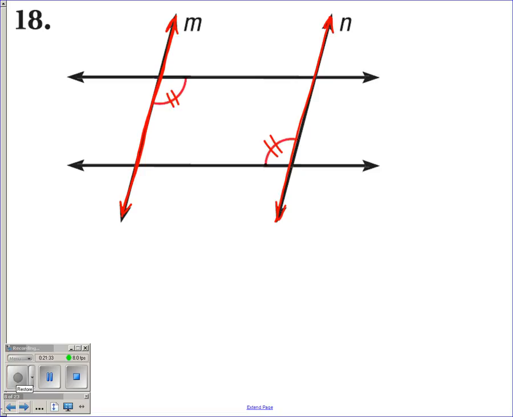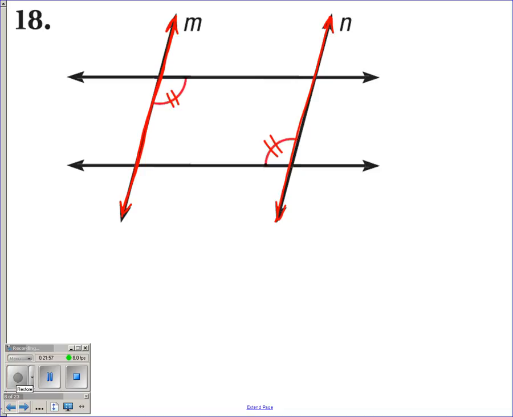Are they alternate interior angles? Well, they're definitely interior between both pairs of lines, M and N, and the horizontal looking ones, but they're not on the same transversal, so they're not on alternate sides. In fact, that's the problem with these two angles. They are congruent, but they're not on the same transversal.